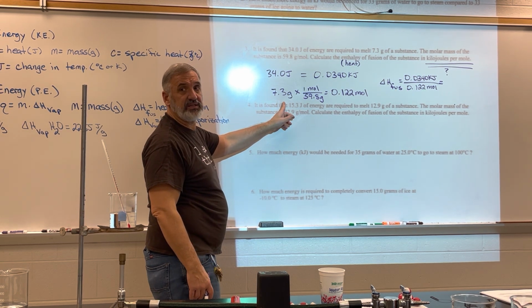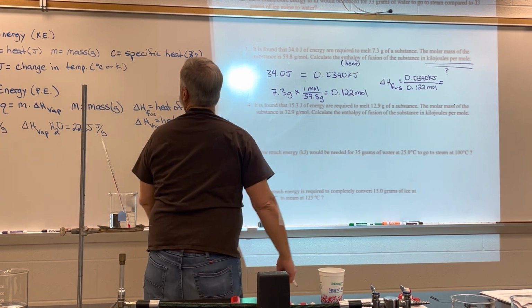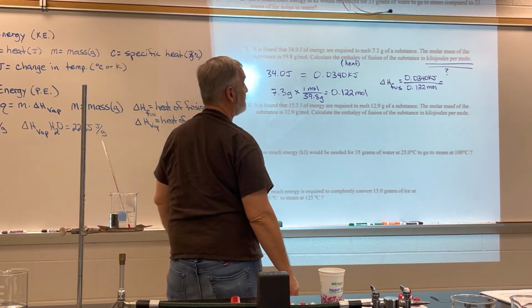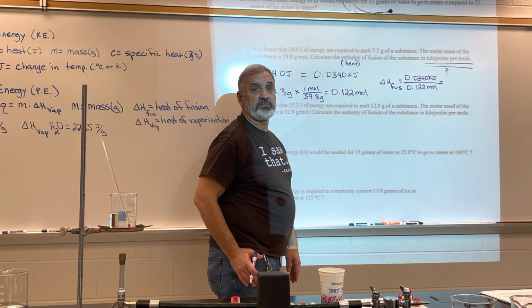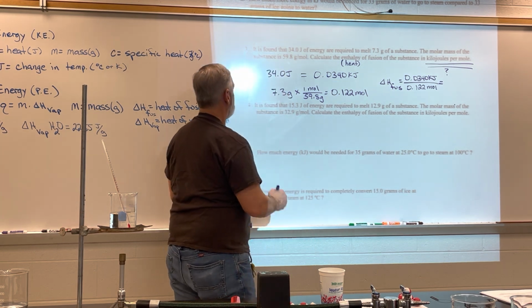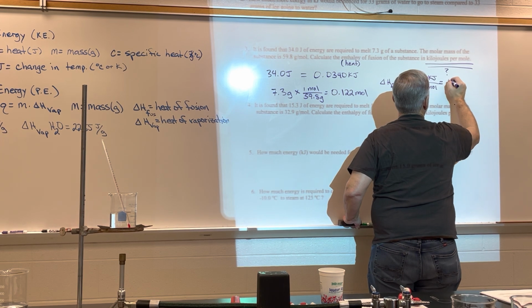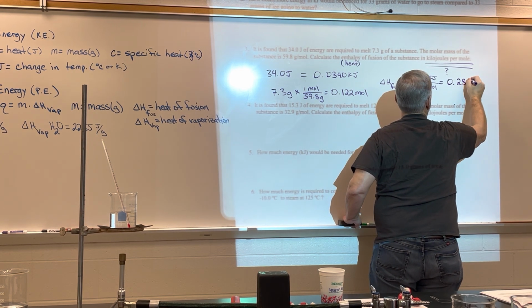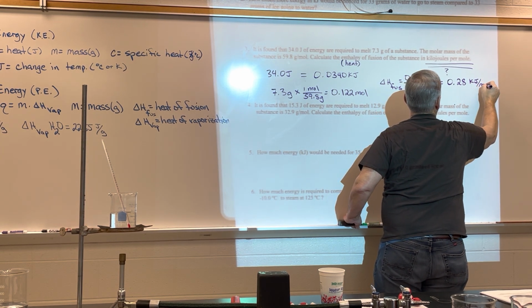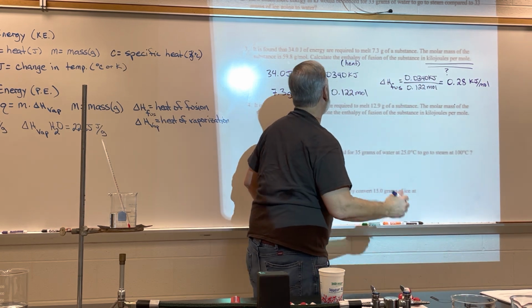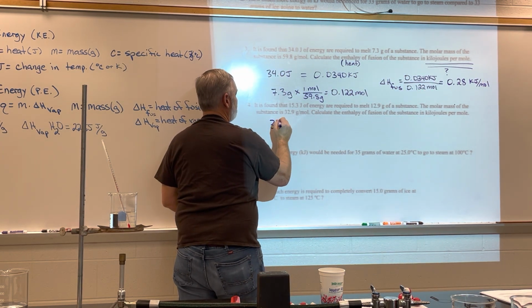Now we'll round at the end. 0.279, so 0.28 kilojoules per mole. Now we could have done it this way, just real fast.